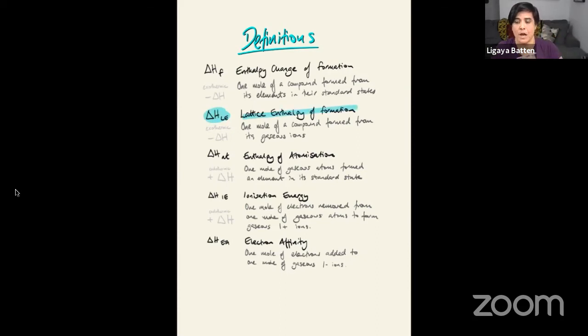These other definitions basically lead into how we write Born-Haber cycles in order to calculate lattice enthalpy of formation of compounds, because it's not something we can measure practically. We don't generally have gaseous ions floating around that we can turn into compounds and measure the temperature change in that reaction.